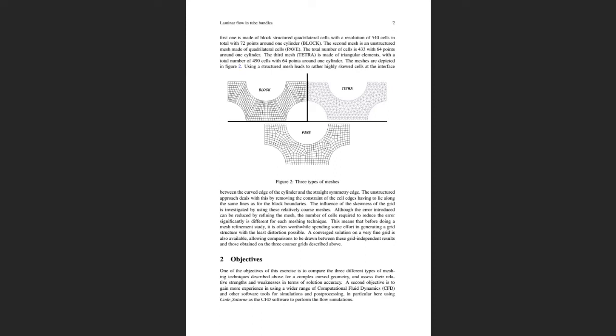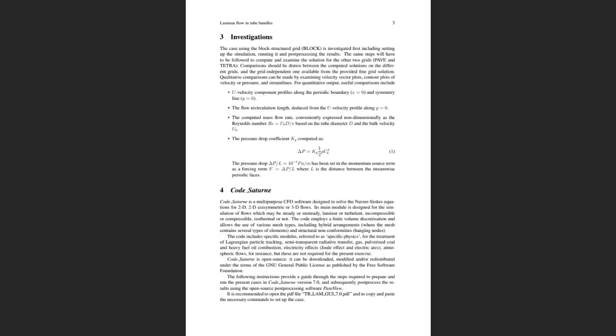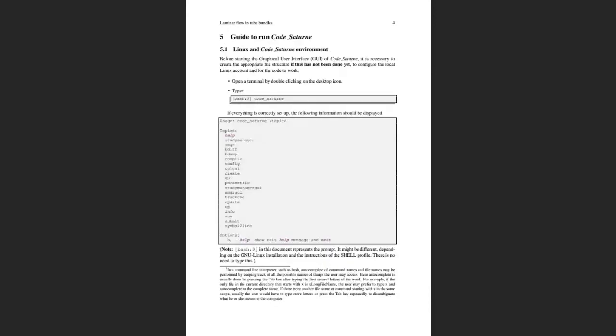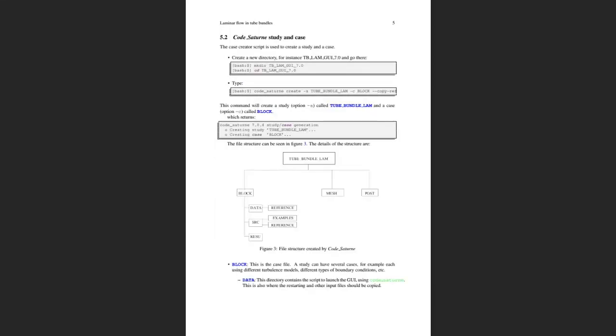In this case, you're going to be using 3 different types of meshes that we have provided you with in the shared files. If you got a PDF, you should have got the files as well, but if you didn't, just please let us know. And the idea is that you go through the pages. It's going to tell you exactly how to run the code step by step.